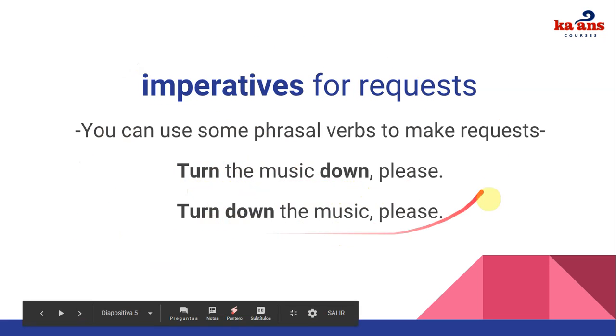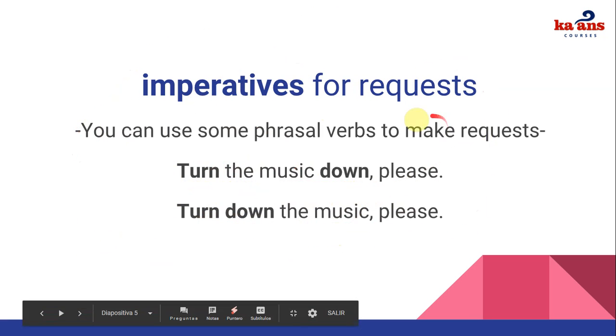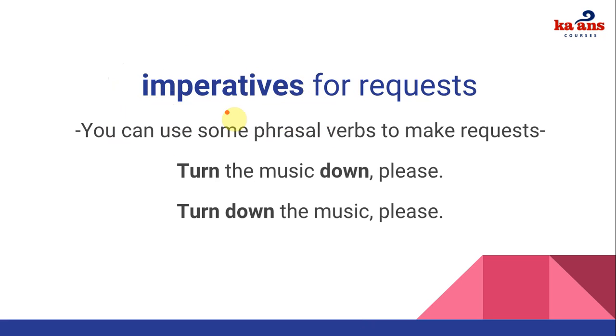So the first part for using phrasal verbs and making requests was through imperatives, right? Imperatives is when you tell somebody to do something, right? In this case, depending on the context, for this example it was loud music, and just asking for a favor to turn down the music.